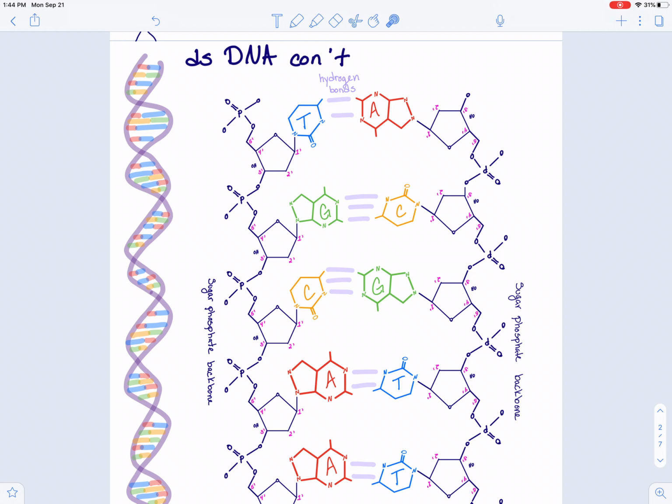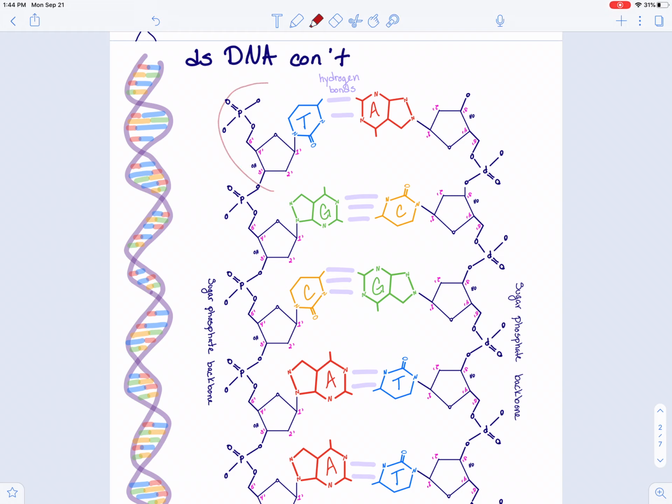And in the middle, these ladder rungs, the ladder part of our DNA, are where our nitrogenous bases make loose hydrogen bonds with each other, and these are where our pairing rules come into play. So adenine likes to pair with thymine, cytosine likes to pair with guanine, and so on and so forth. You'll see that my building blocks are all present.